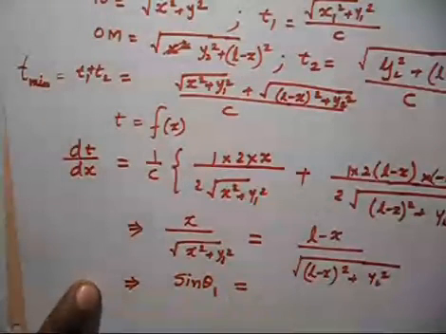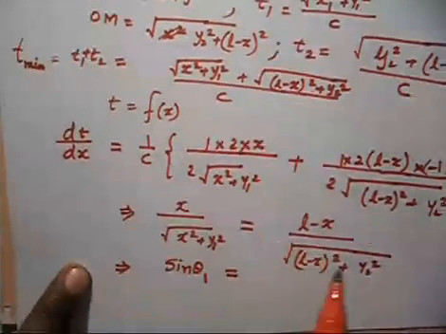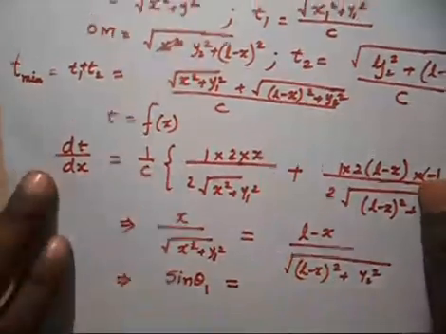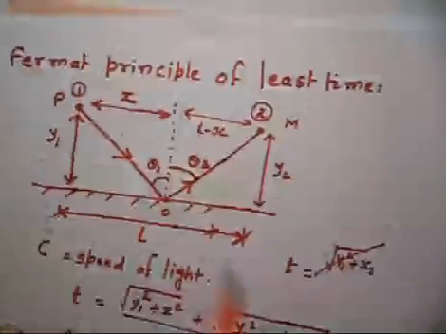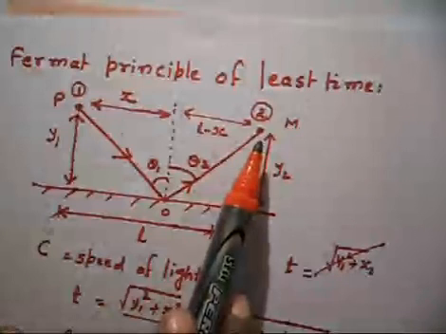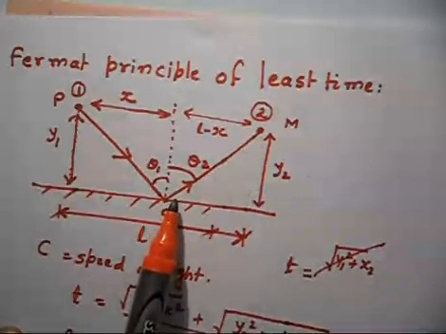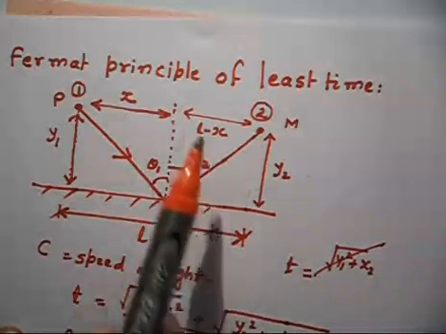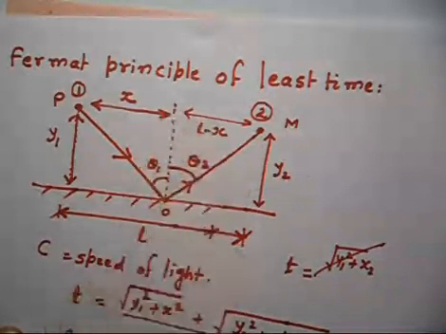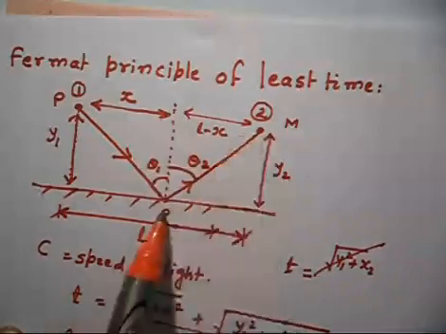Now if you see the right hand side, L minus x divided by this distance, what is this? You see this distance is L minus x, and this distance is the same as that written in the denominator. So this is basically sine theta 2, this distance divided by this distance.